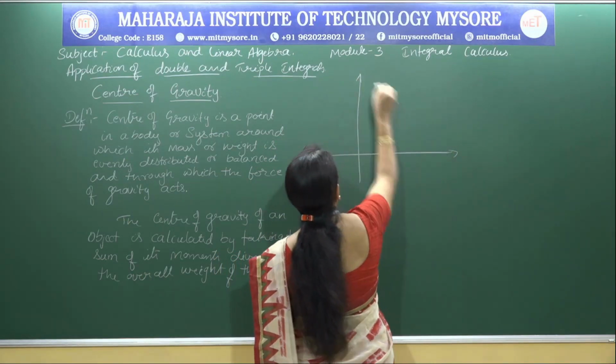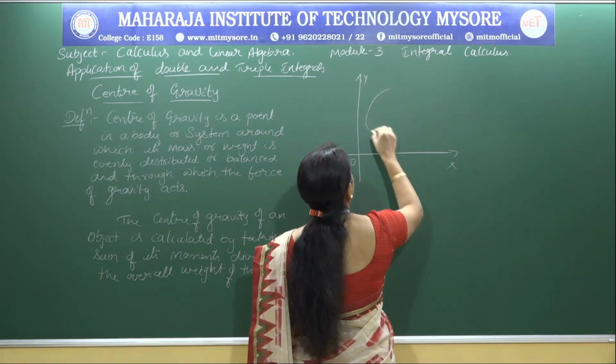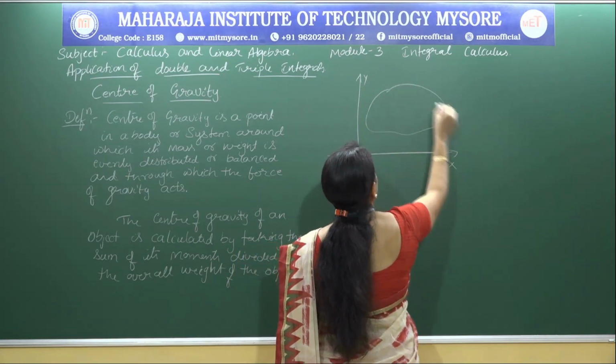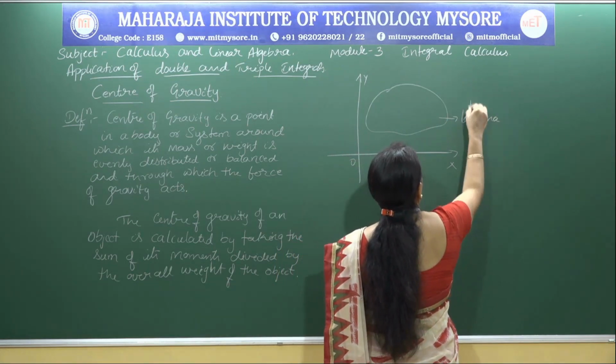This is our lamina. If I consider a coordinate axis x and y like this, this part is called a plane lamina.